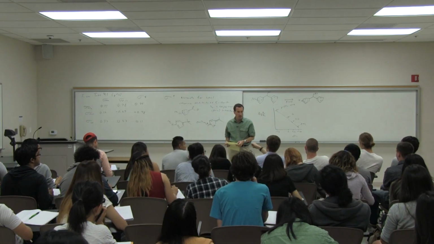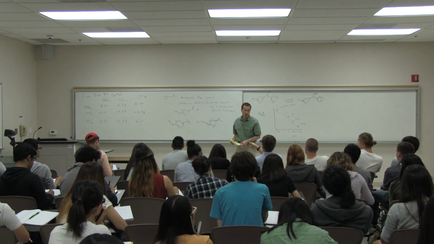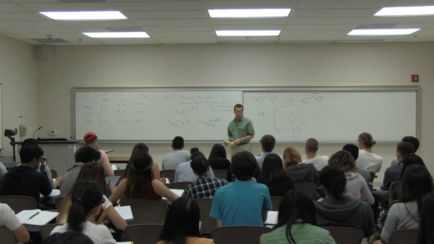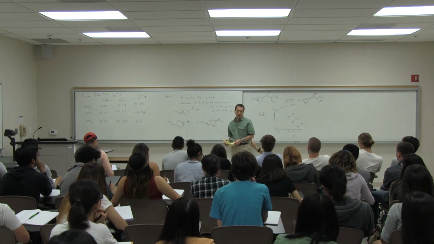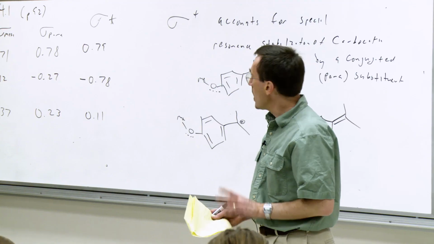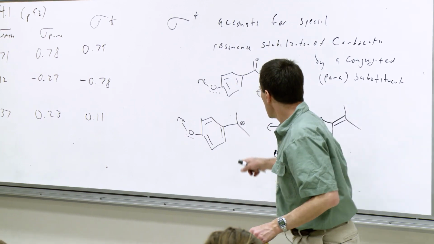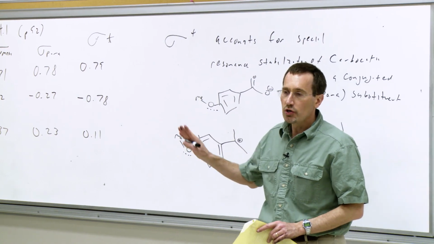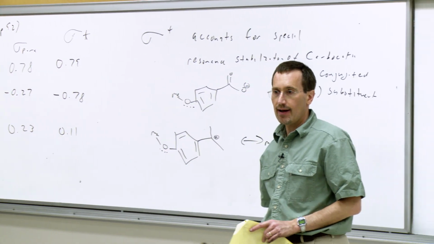Question? With those numbers over there, the sigma para versus the sigma plus, since the sigma plus refers to a para position, do we just ignore the sigma para numbers? So the question was, do we ignore sigma para?